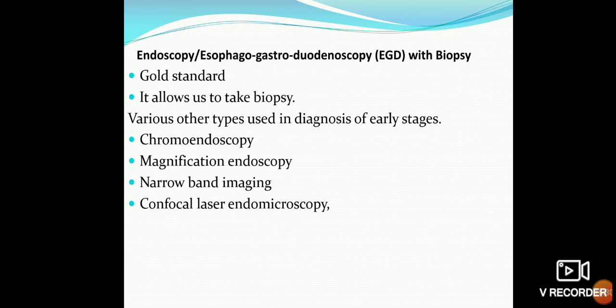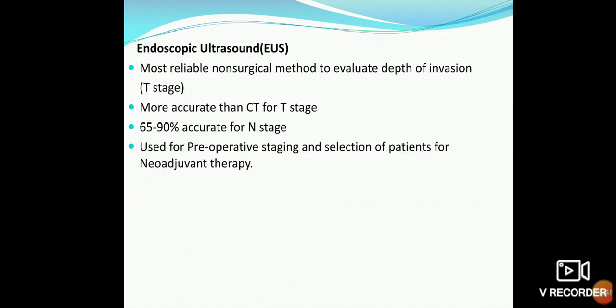Various other techniques are used in diagnosis of early stages of gastric carcinoma, such as chromoendoscopy, in which we use dye, magnification endoscopy, narrowband imaging, which uses infrared light, confocal laser microscopy, and endoscopic ultrasound.